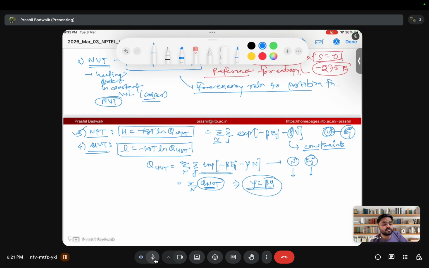This you can substitute and get the final expression. So this is how we have solved these things for multiple ensembles, right? And based on this background now we will be solving the questions.